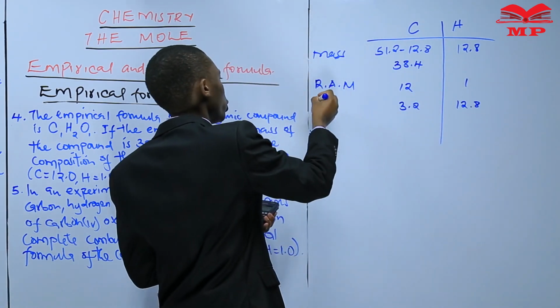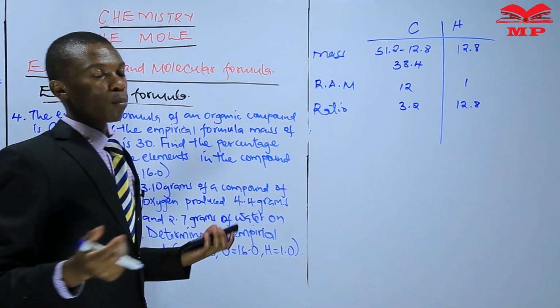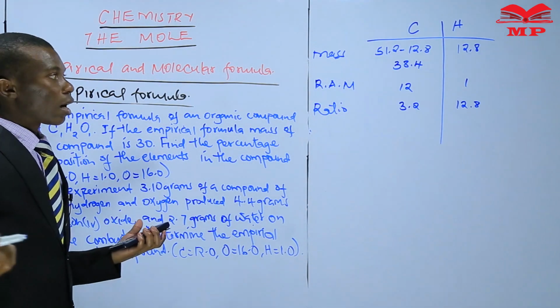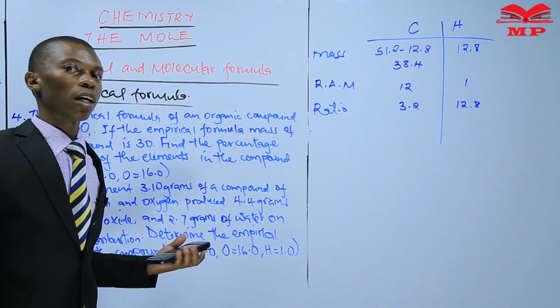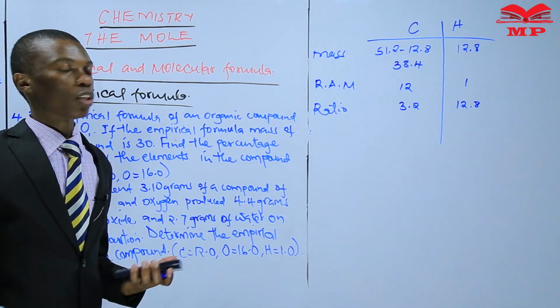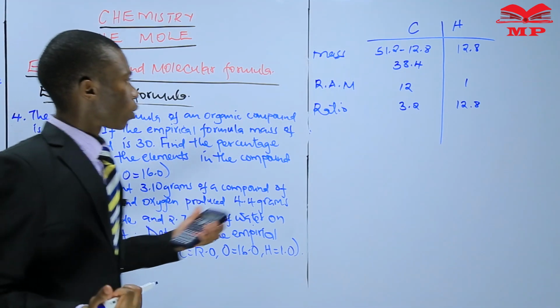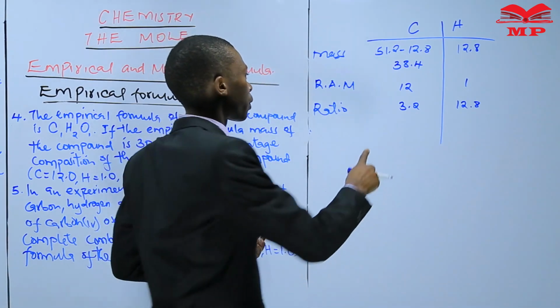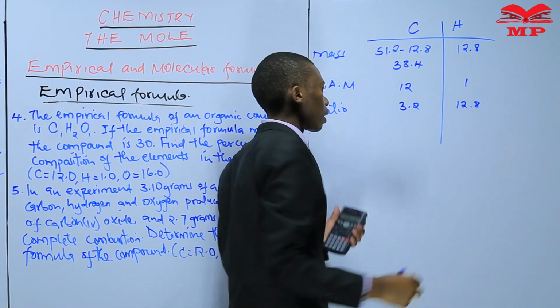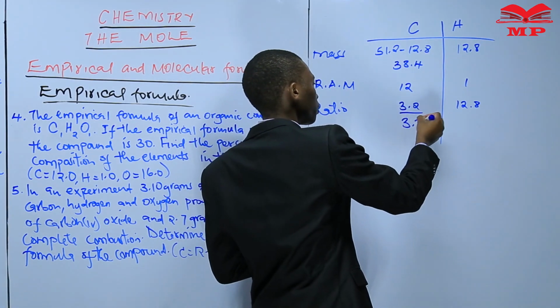This is the ratio in which carbon and hydrogen are combining. But that's not the empirical formula, because the empirical formula is the simplest whole number ratio in which the atoms of elements combine. And therefore, when we reach this level, we divide by the smallest, between 3.2 and 12.8. The smallest is 3.2. So now divide both sides by 3.2.